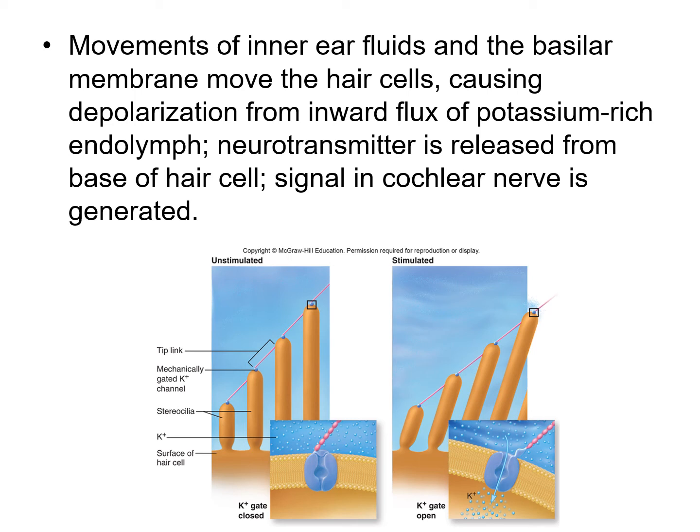and hence the organ of hearing. So what we see within that organ of hearing is that the inner ear fluid is going to move. So the inner ear fluid as well as the basilar membrane are going to move the hair cells, and that causes depolarization from an inward flux of that potassium-rich endolymph.